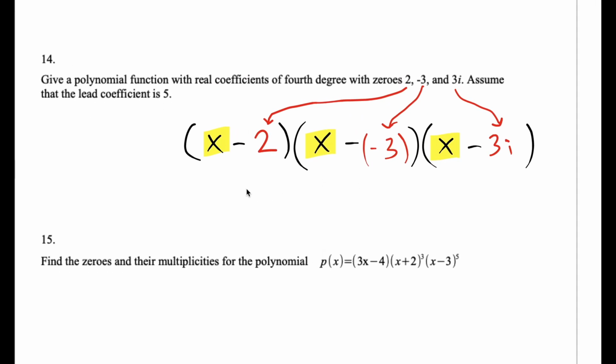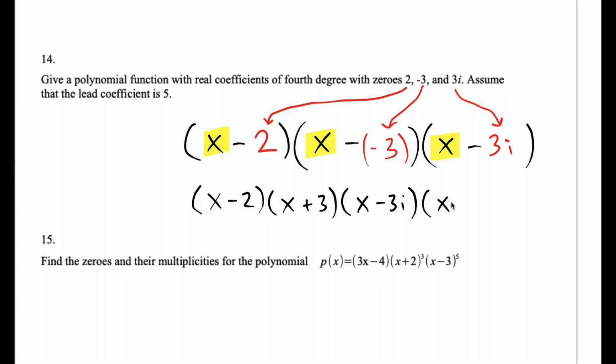Okay, so if we simplify this just a little bit, we'll have x minus 2, x plus 3, and x minus 3i. But we need to multiply by one more factor in order to create fourth degree. Now, one thing that comes to mind is maybe we could multiply by x minus 3i again.